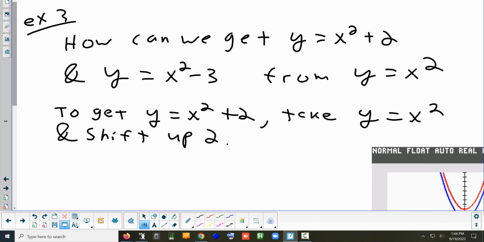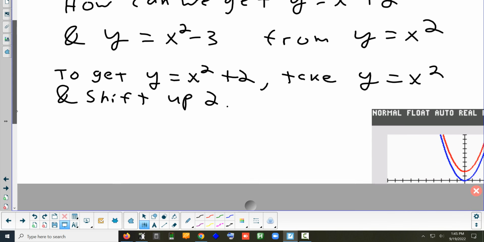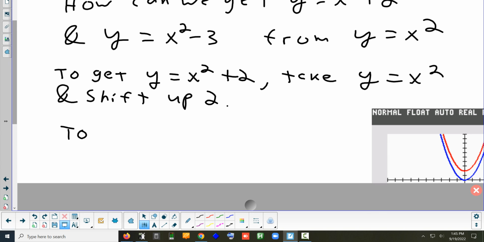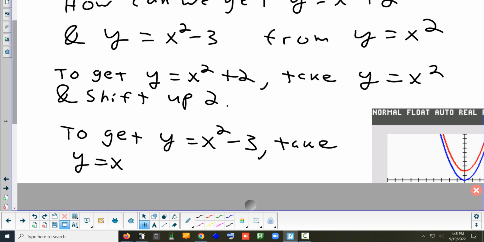The next one, to get y equals x squared minus 3, take the original, take y equals x squared, and shift down 3.